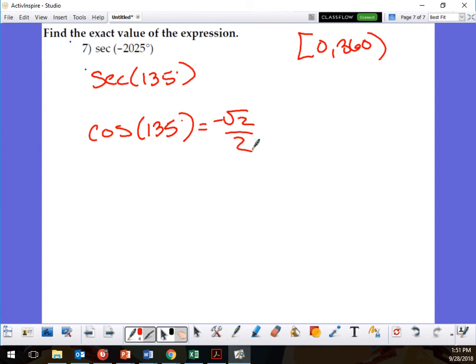Cosine's the x value. Now, I'm looking for the secant, and I know the secant is the reciprocal of cosine. So I'm going to take the cosine and flip it over.